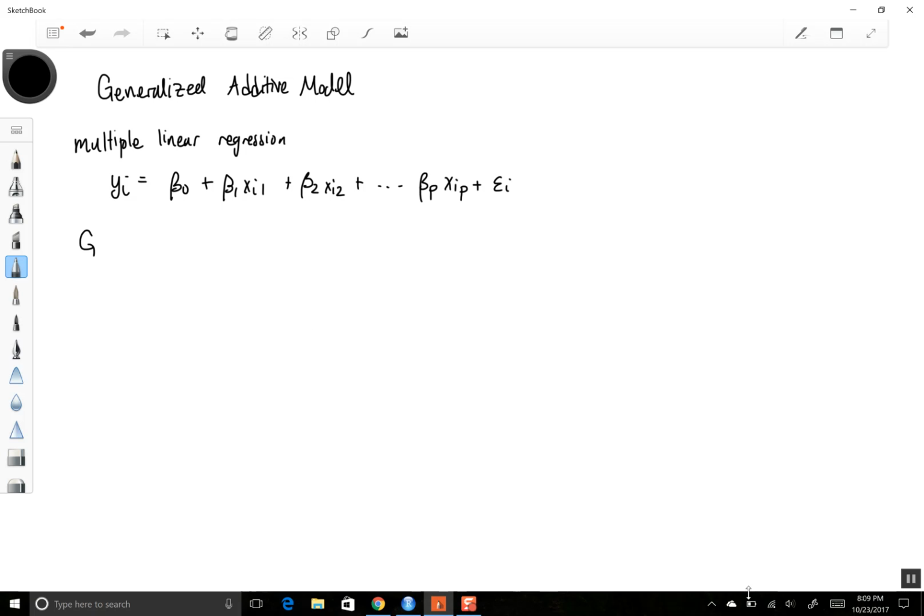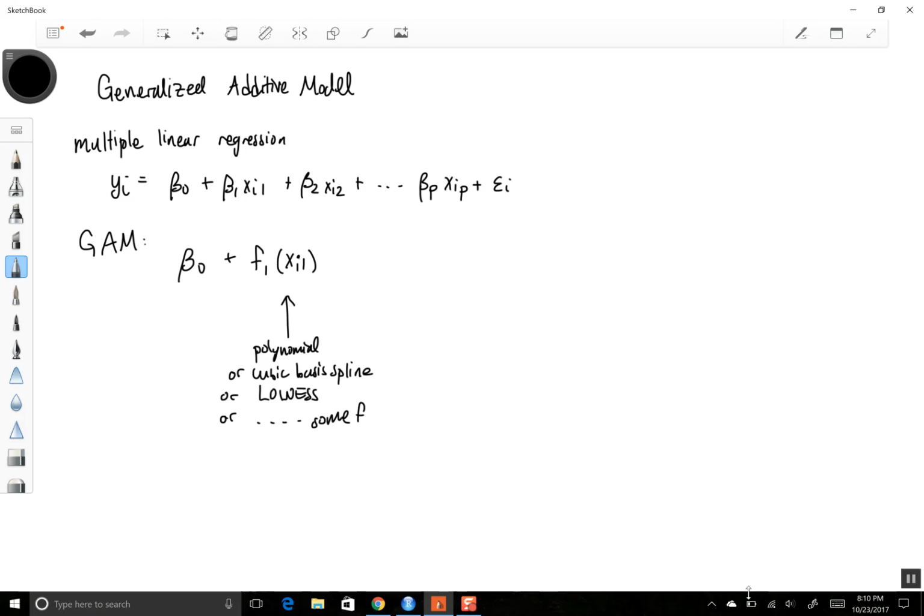With the GAM we have beta 0 plus some functional form of x_i1, and this could be a polynomial, or a smoothing, cubic basis spline, or loess regression, or some other form, some function of x1.